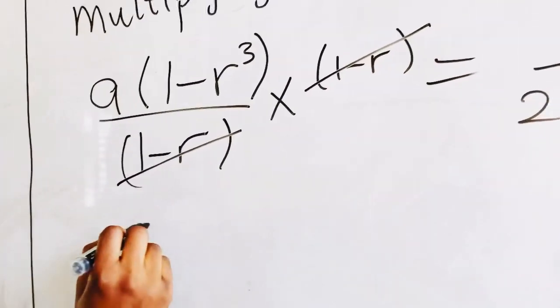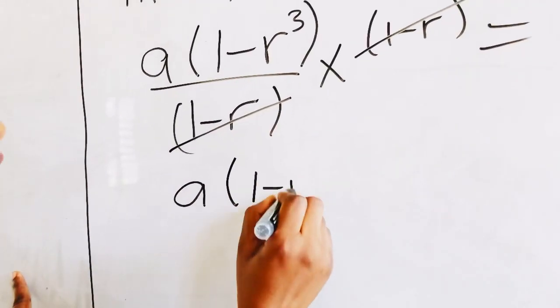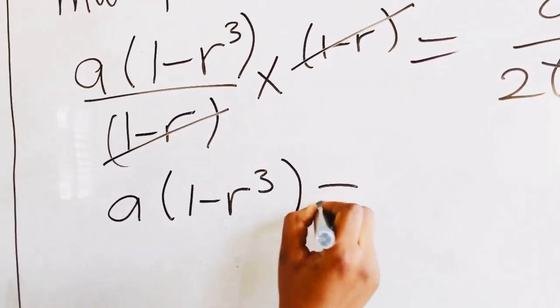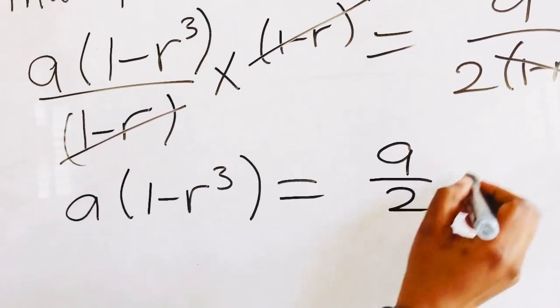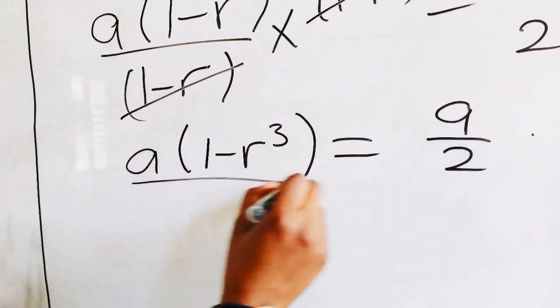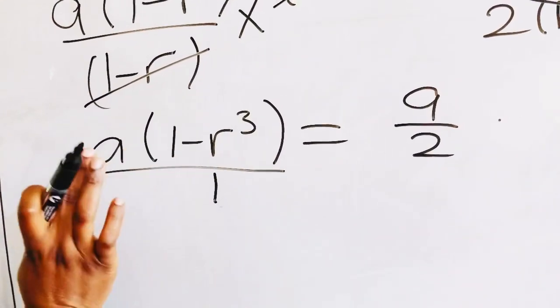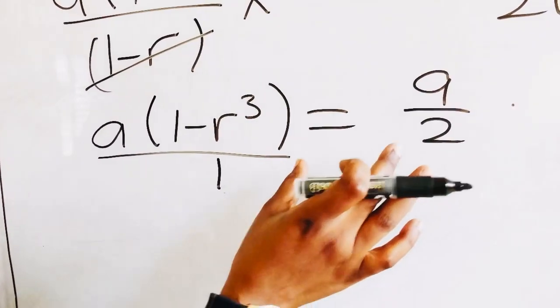So we are left with a into bracket 1 minus r cubed is equal to a over 2. Here also, this is over 1, so we can divide both sides by a.